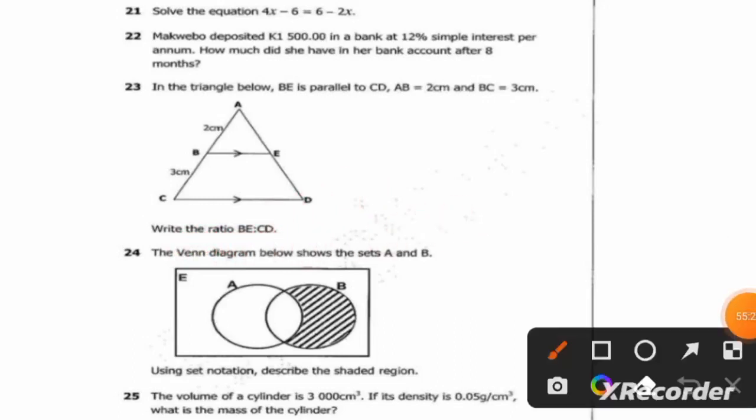So what I'll do, I'll separate two triangles from this diagram. So this diagram is having two triangles. So first I'm going to write the smaller triangle, which is A, B, E. Okay, here we are having 2 centimeters.